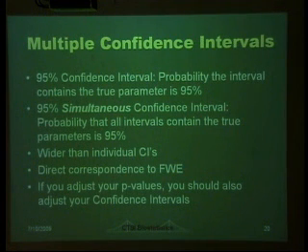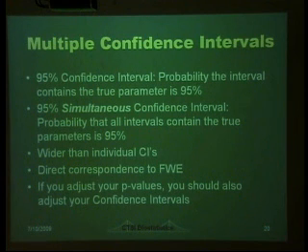So how do we deal with confidence intervals for multiple parameters? Now we're talking about intervals for a difference in one outcome and a difference in another outcome and a difference in a third outcome. So what we can do is construct simultaneous confidence intervals. So what's the difference between a typical confidence interval and a simultaneous confidence interval? A 95% confidence interval tells us the probability that interval contains the true value is 95%.